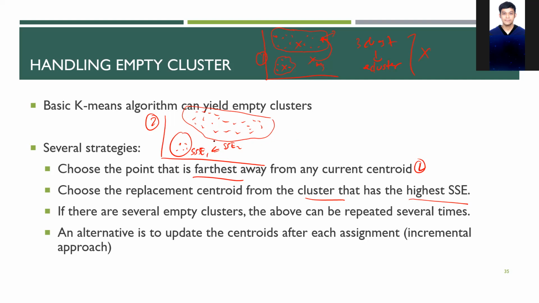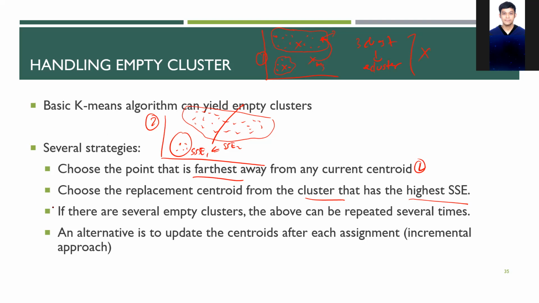So we find out which cluster has the highest SSE, and then we divide it into 2 clusters to make the SSE smaller. We divide the biggest cluster into 2 clusters. Okay, this is the second one.